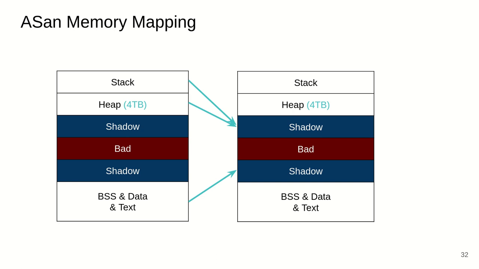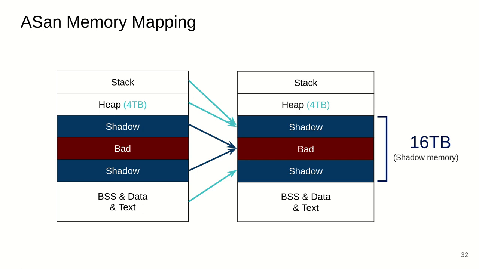This includes the 4 terabyte heap memory for the ASan enabled program, and together with the 4 terabyte heap, ASan allocates and reserves around 20 terabytes of memory total, which is quite a bit of memory that it requires. Right, so this comes at a fairly high cost of managing the page tables in the kernel.